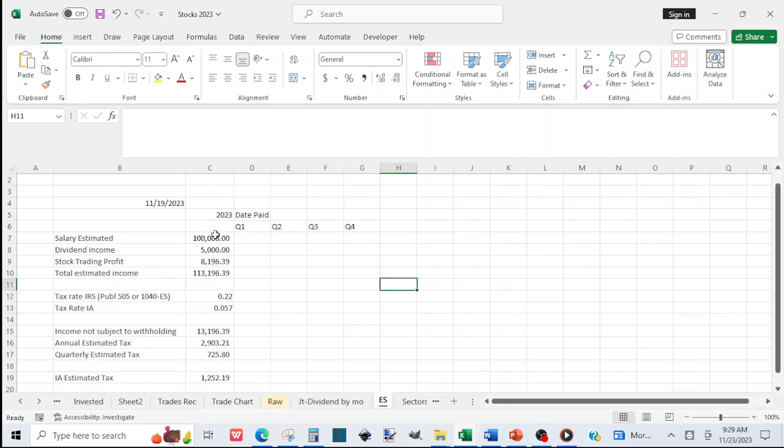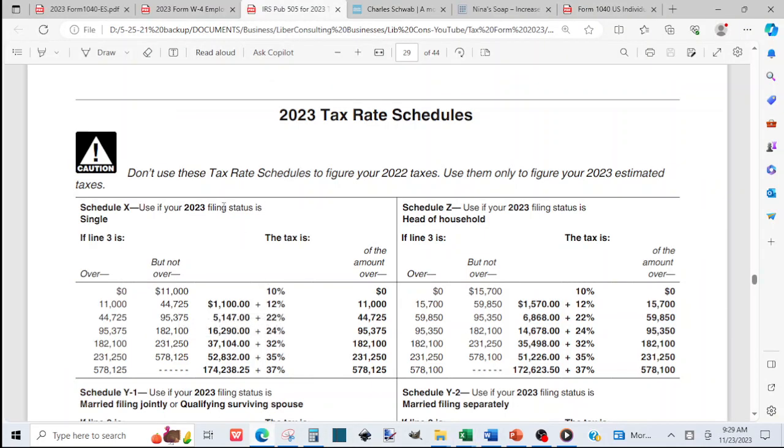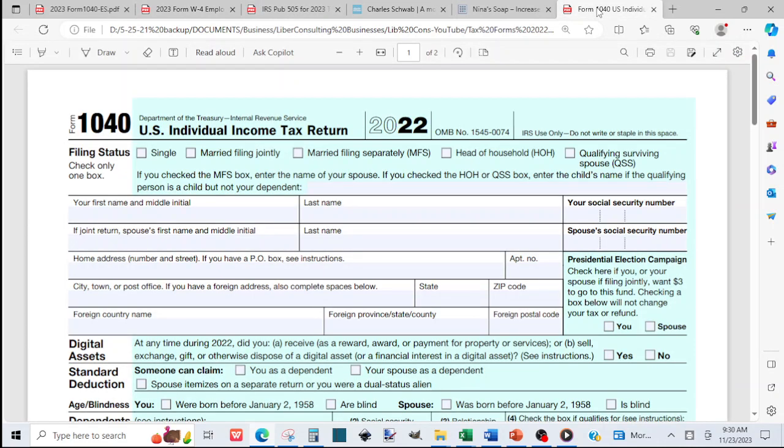That and your gross payroll, by payroll, you and your spouse, will give you your household gross income. And you can take that income and go to the tax rate schedule, and you are going to look for the filing status that you use on your tax return.